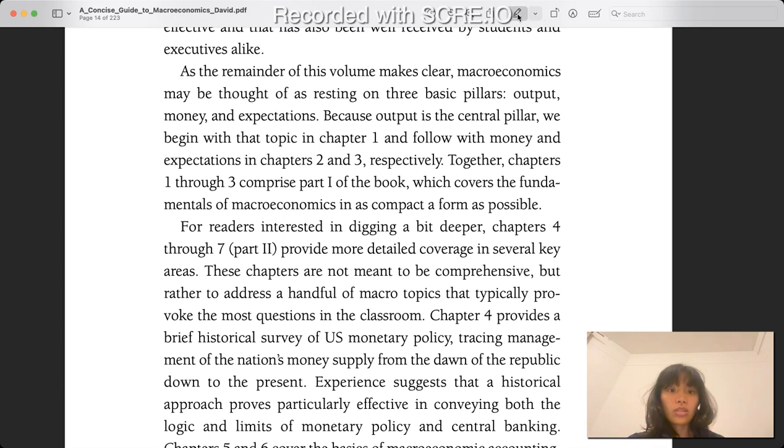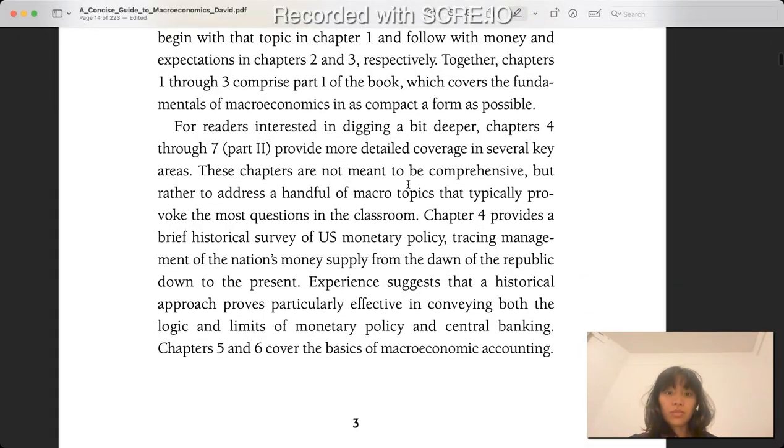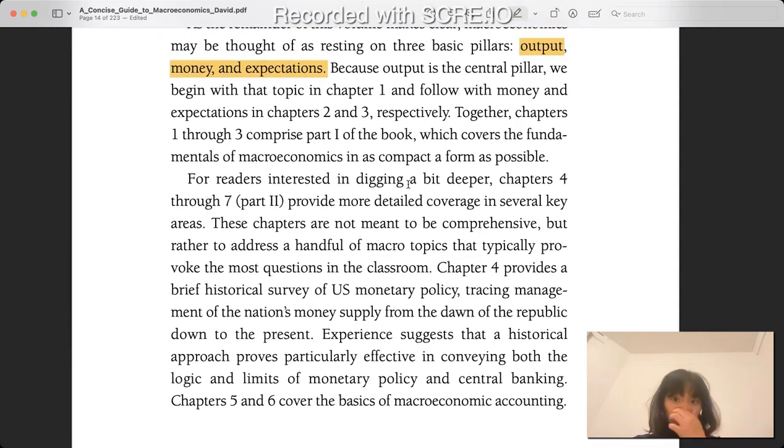So the three basic pillars of macroeconomics are output, money, and expectations.